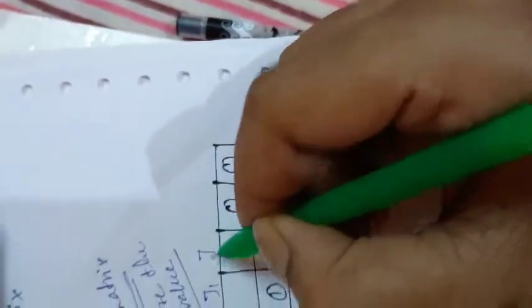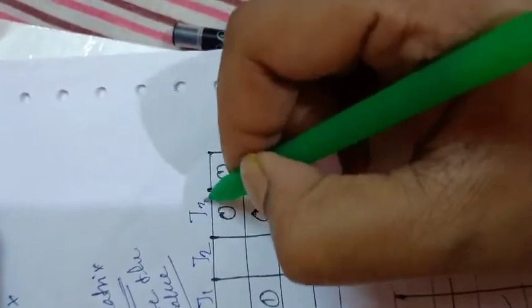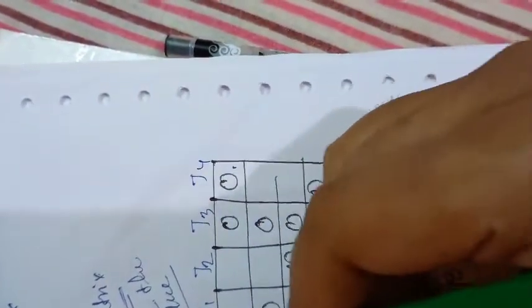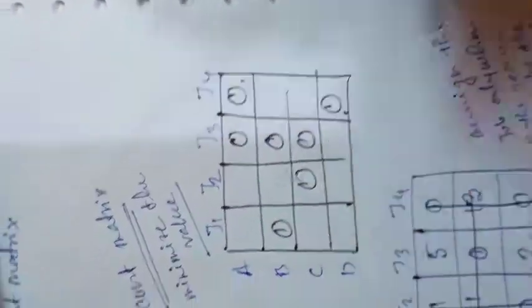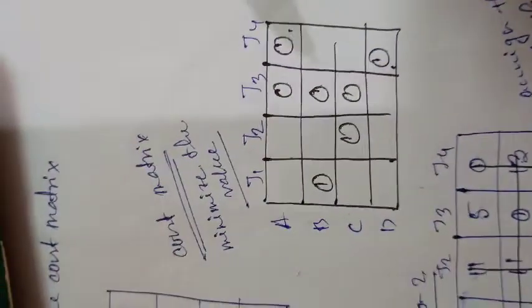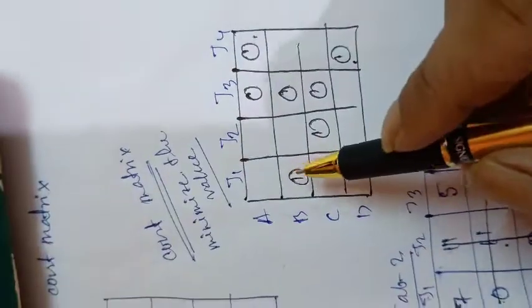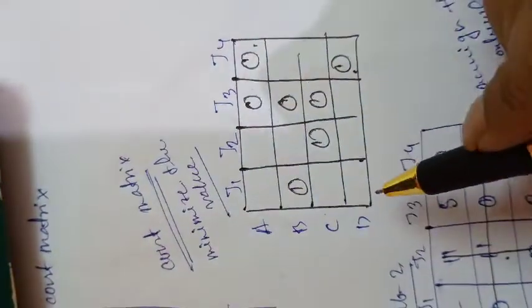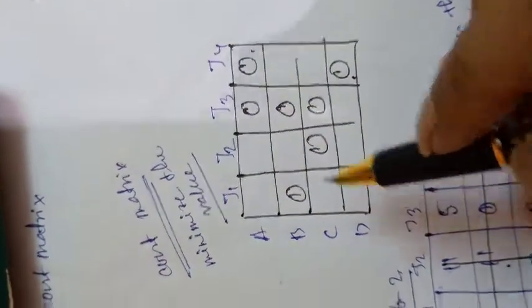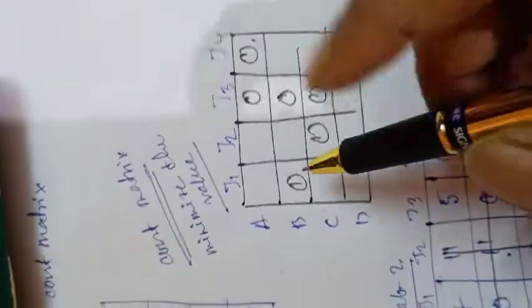So this is J1, J2, J3, J4, A, B, C, D. So now how can we assign the jobs? Whenever we do this, we always try to assign the job where either a column or a row contains only one 0.